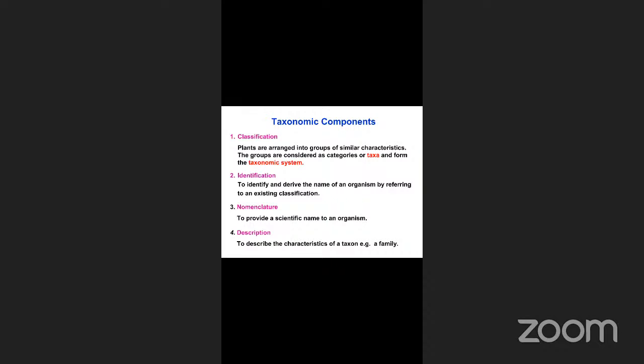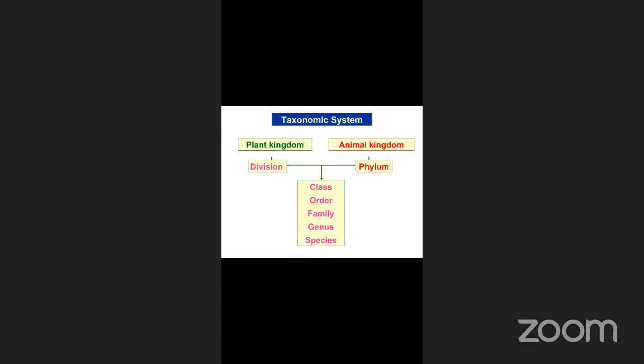The next one is the systematic taxonomic system. The whole kingdom is divided into two parts, that is plant kingdom and animal kingdom.